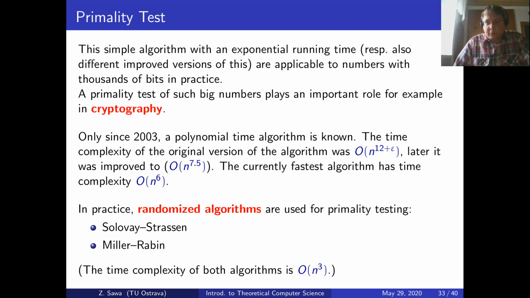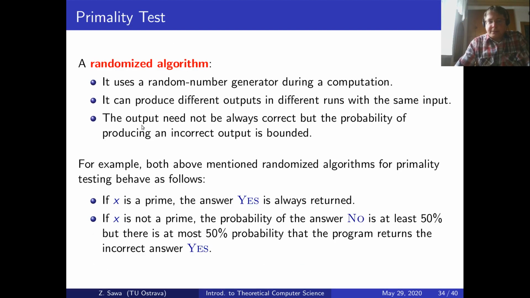So there is no problem that they will not halt, but the problem is that these algorithms could return wrong answers. And this notion of a randomized algorithm means that the algorithm uses some generator of random values, some random number generator during the computation.